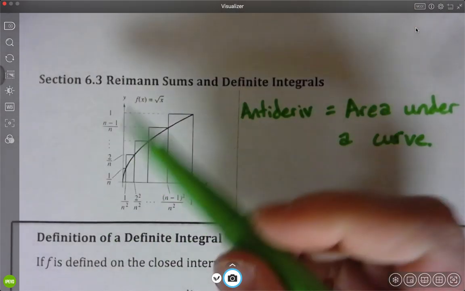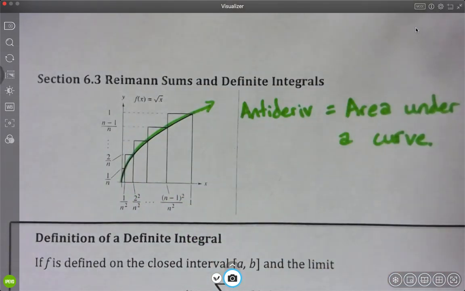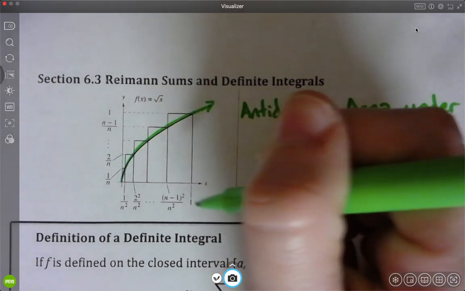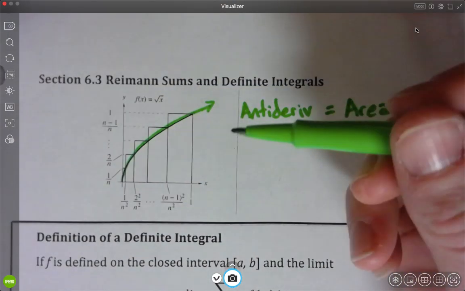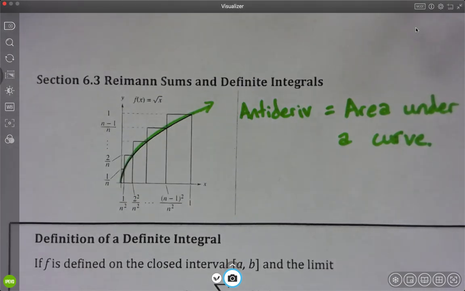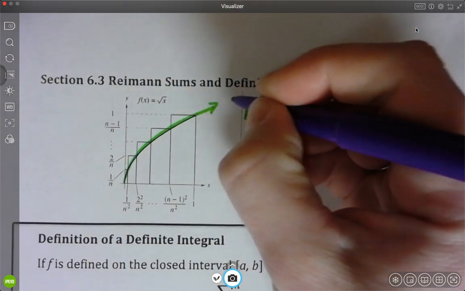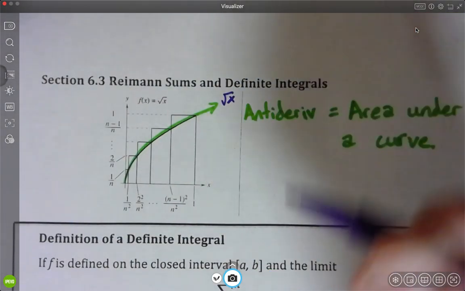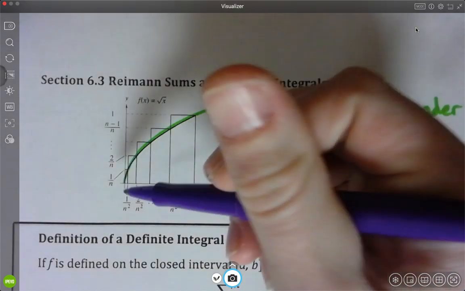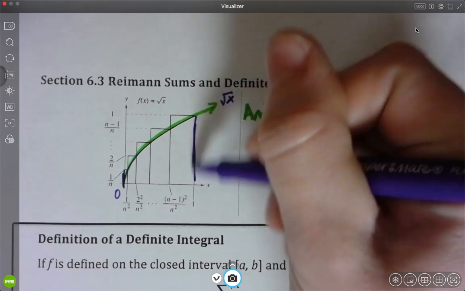So like this curve right here, what we would do normally in section 6.2 is write out all these rectangles and add all those areas together to try to figure out what the area is. And even then, it's only an approximation, right? But if I'm given the equation for this function, which looks like the square root of x, I can designate where I'm going to start, so like at 0, and where I'm going to stop, here at 1.